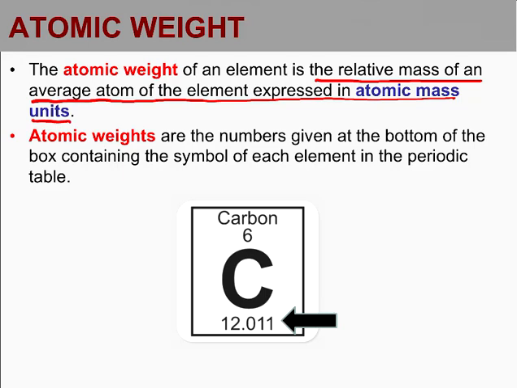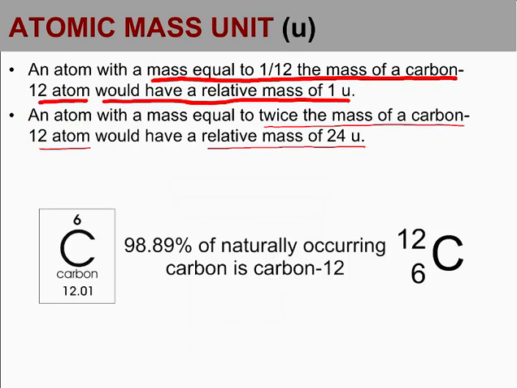On the last couple of slides, we saw that 98.89% of naturally occurring carbon is carbon-12. But we can also have, for instance, carbon-13 or carbon-14. And both of those particular isotopes of carbon have more neutrons. And their masses, as a result, are a little bit larger.